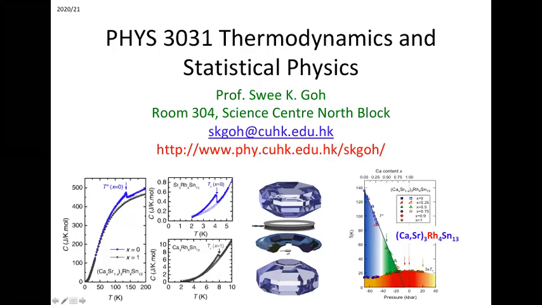Another concept that you will meet a lot in this course is heat capacities. We will develop a lot of thermodynamic properties, and how do you know these thermodynamic properties are correct? You need to do some measurements. Sometimes some measurements are not easy to do.